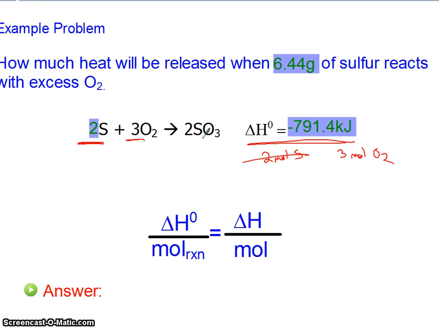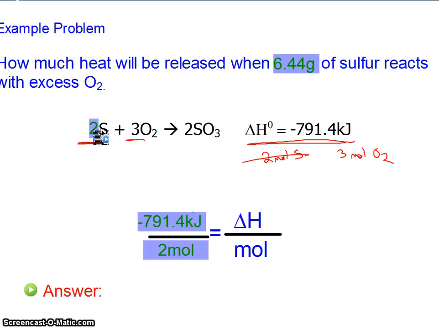So when we're looking at this reaction, the delta H naught is how we would say that in science. That's our negative 791.4 kilojoules. That happens for every 2 moles of sulfur. Okay, so that's what our standard enthalpy change is.